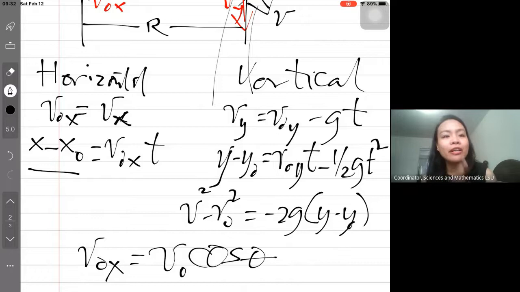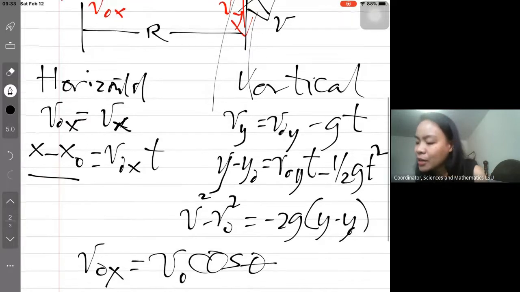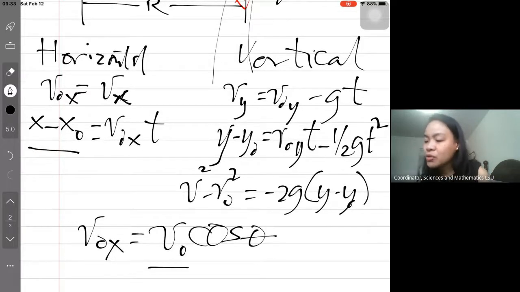Now we are given the time, 0.31 second, and we have the time here, so maybe we can use that formula.